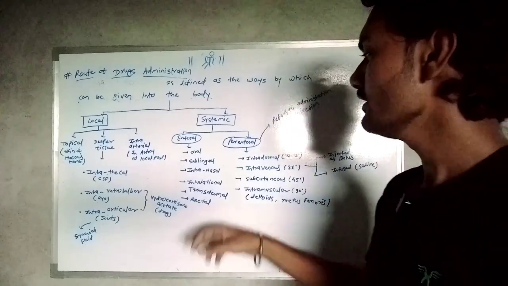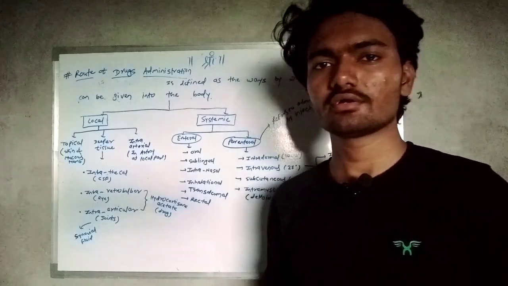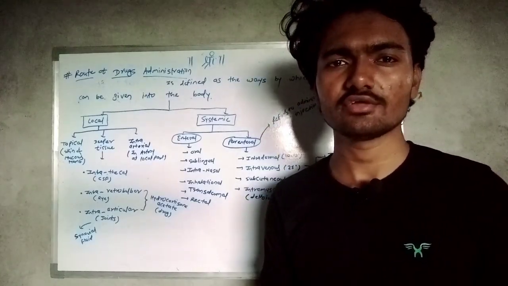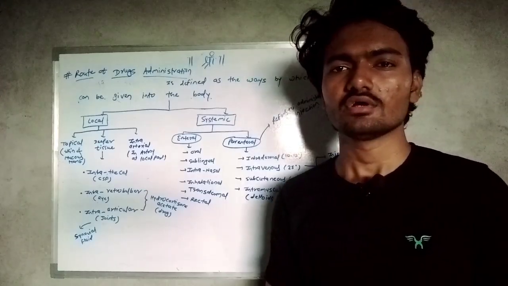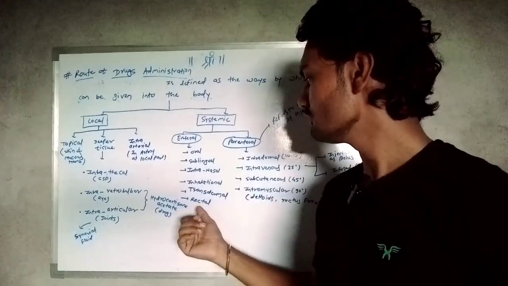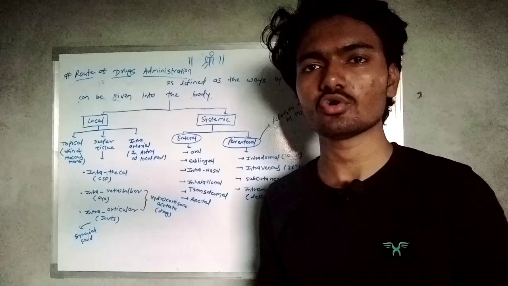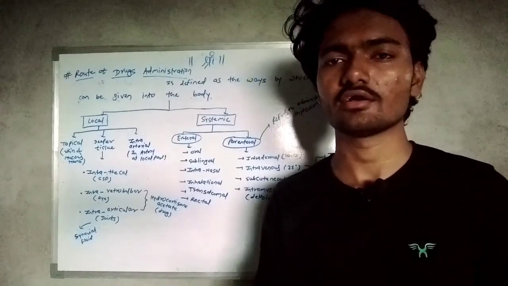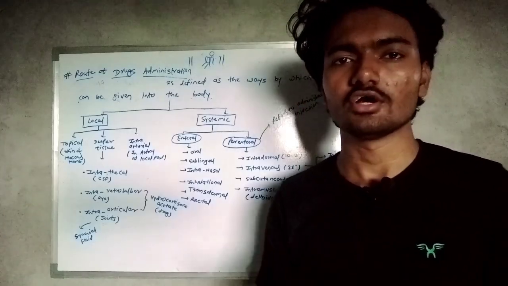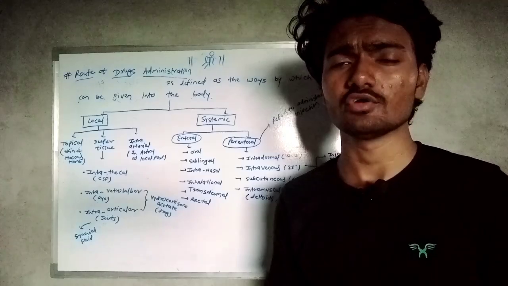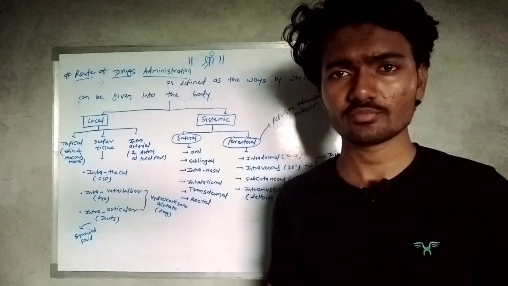And the last one is the rectal. In the rectal route, suppositories and enemas can be used. This route is very useful and convenient for geriatric, elderly, and pediatric patients, and also in the case of unconscious patients.